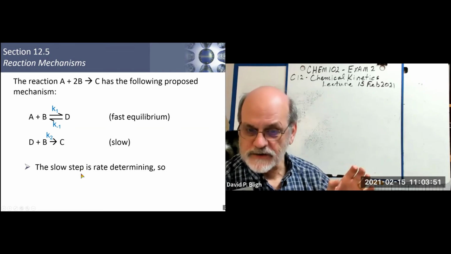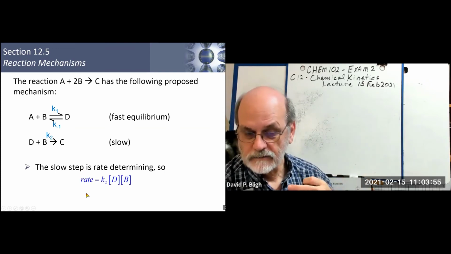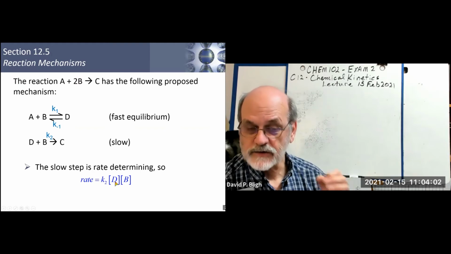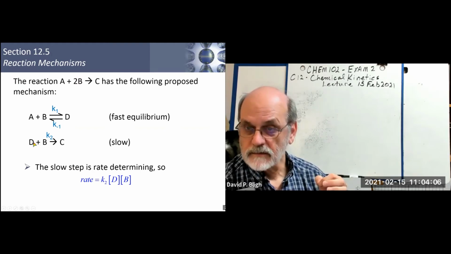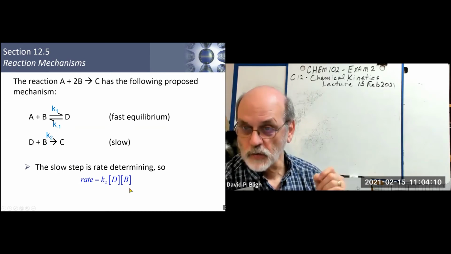Now we'll take the slow step and write a rate law from it. So we have rate equals K2 times D concentration times B concentration. And there's only one of them, so that's first order. And there's one B, that's first order.